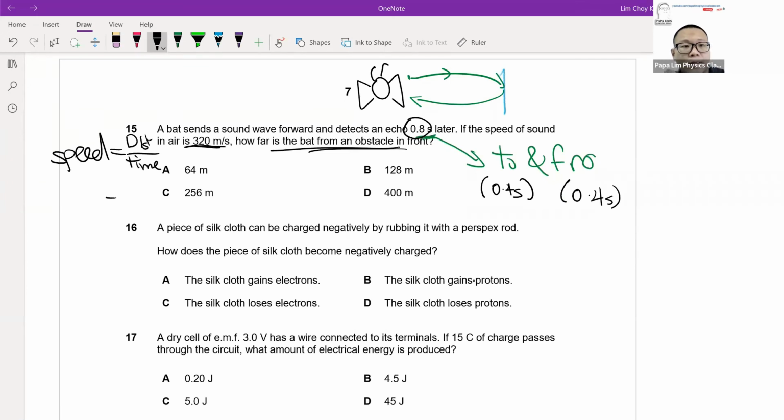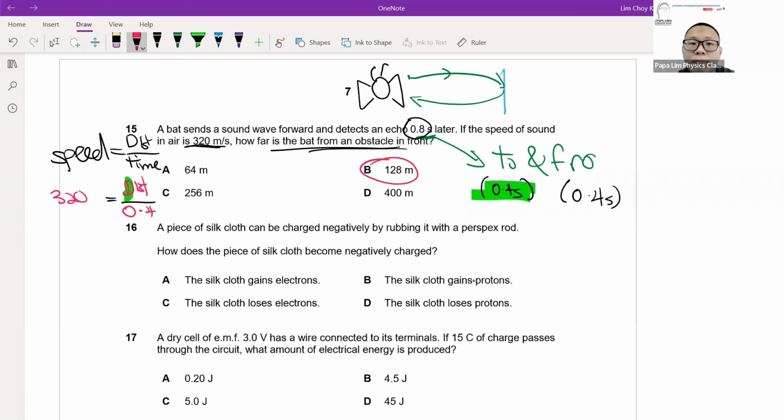If I want to find the distance between the obstacle and the bat, the time taken I will use is actually 0.4, just 1 trip only. So distance is here, time will be 0.4, speed will be 320 meter per second. If you look at algebra, you should arrive at the answer to be 128 meter.